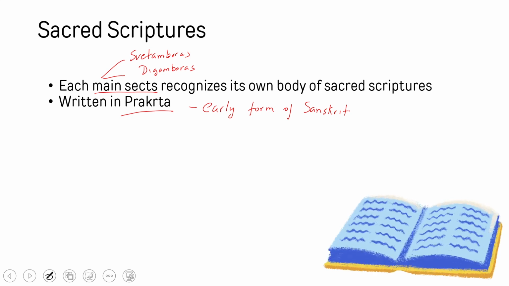According to the Jaina tradition, it is believed that the canon, the teachings that we have as of now, is a result of an agreement which took place around 1000 years after Mahavira's death.